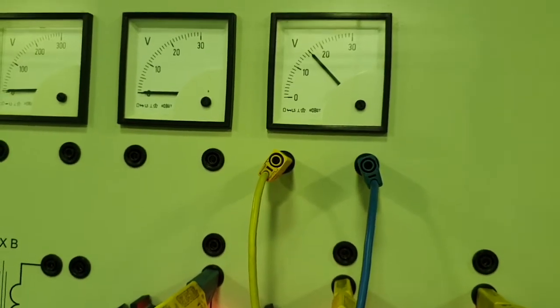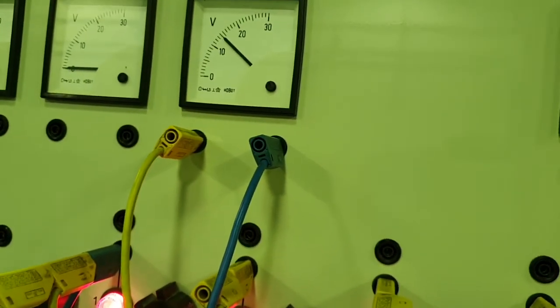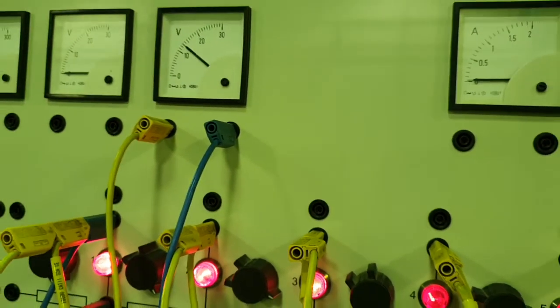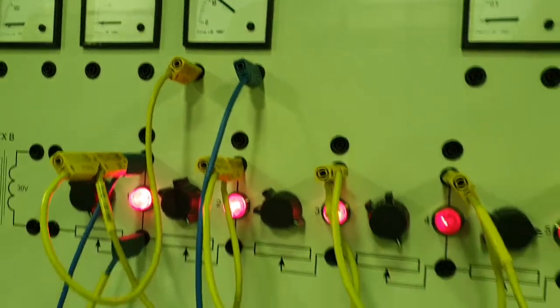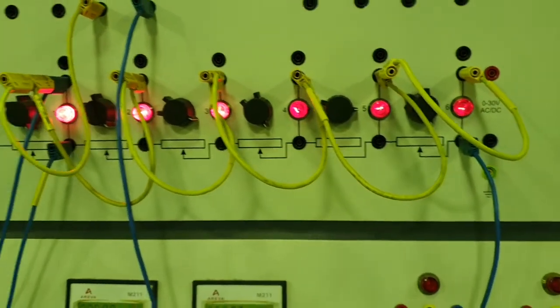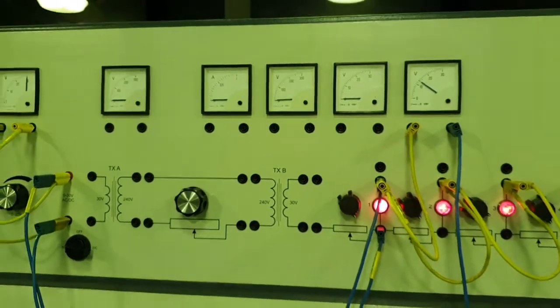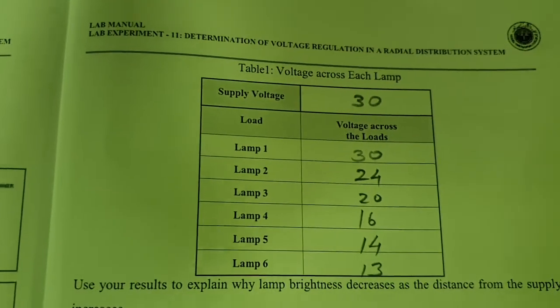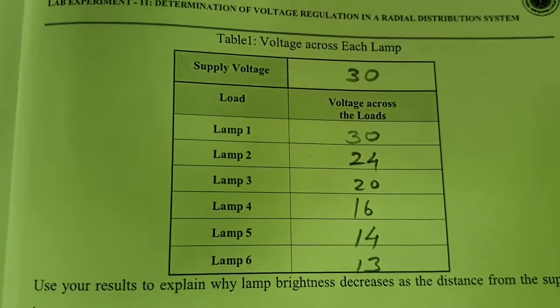Next it will be 16, then like 14, and by the end the last load will be getting around 13 volt only. So this is connected to the last load. This is the first part of our experiment. We will see how the voltage decreases as the length increases. I have recorded all these readings in table 1.